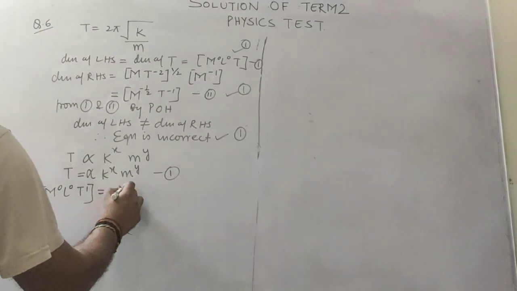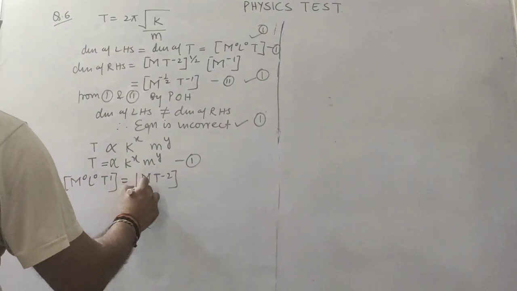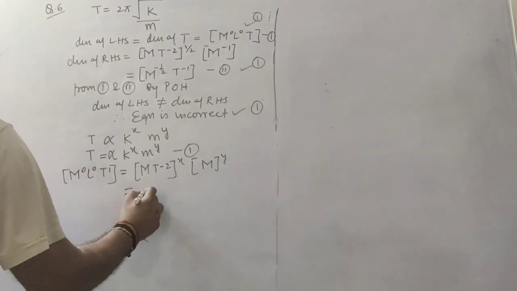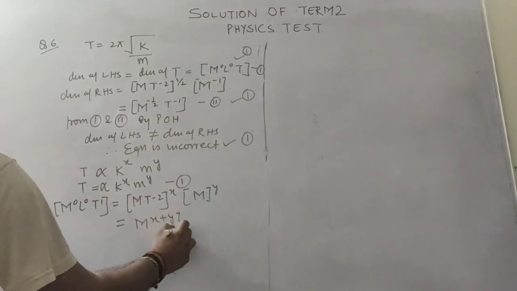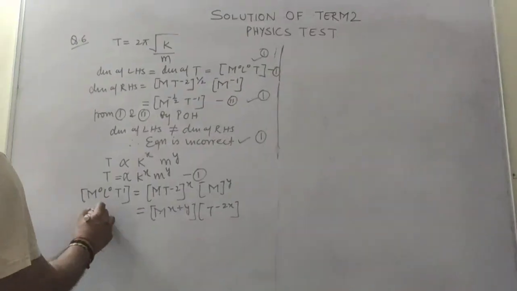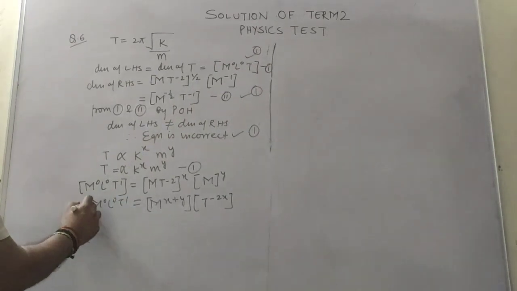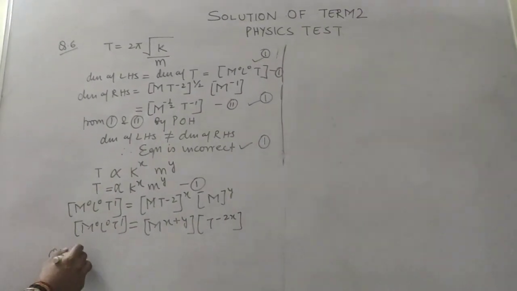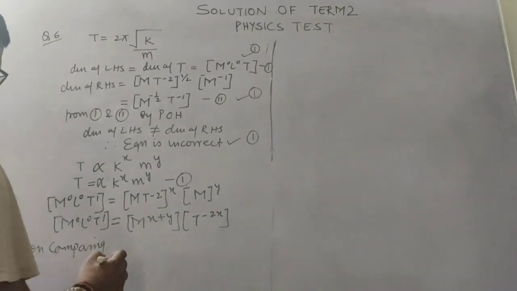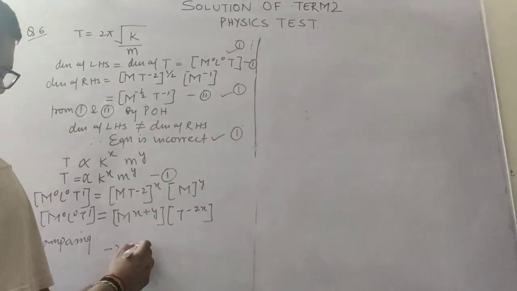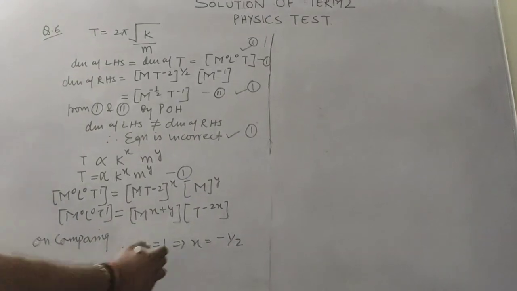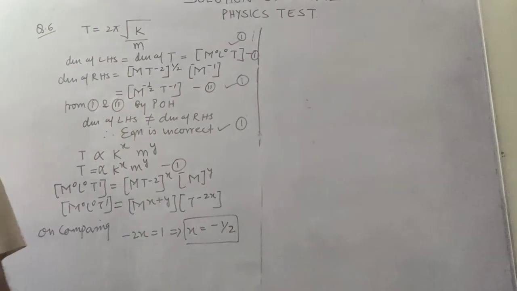Alpha is constant, k is MT⁻², so this is to the power x, and small m is to the power y. So this is M^(x+y) and T^(-2x). On comparing, -2x is equal to 1, which implies that x is equal to minus half.